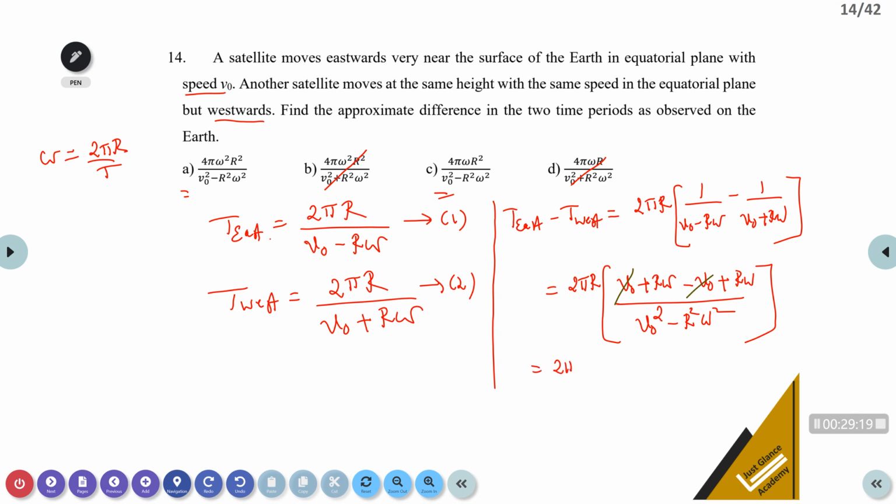This is equal to 2 pi r into 2 r omega divided by V naught square minus r square omega square. 2 into 2, 4. This is equal to 4 pi r square omega divided by V naught square minus r square omega square. Here omega square is there, no? This is wrong. So this must be the right answer.